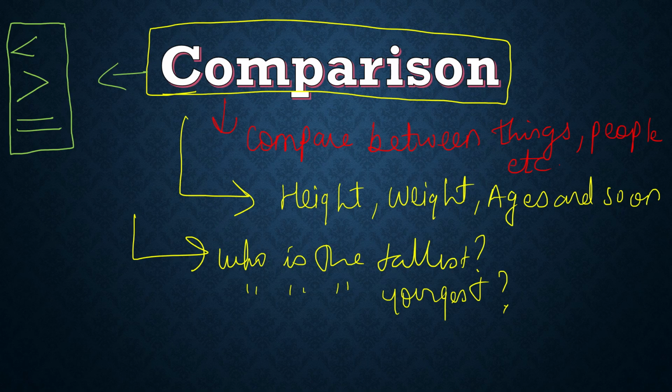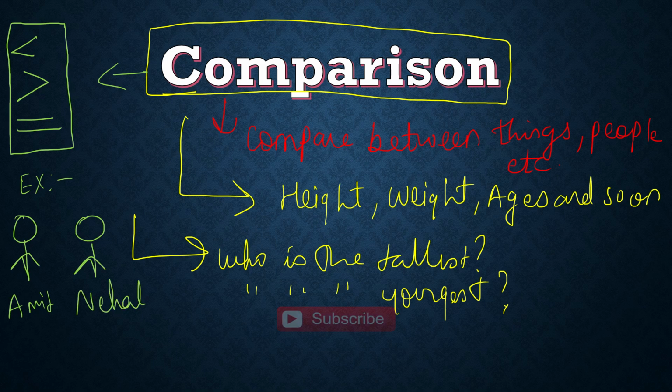If there are two students, for example, one is Amit and one more is Nehal. Amit is shorter than Nehal. When you say Amit is shorter than Nehal, the less than symbol will come.